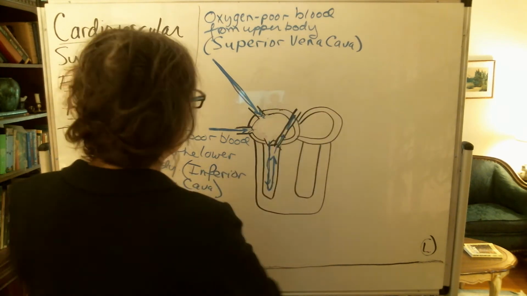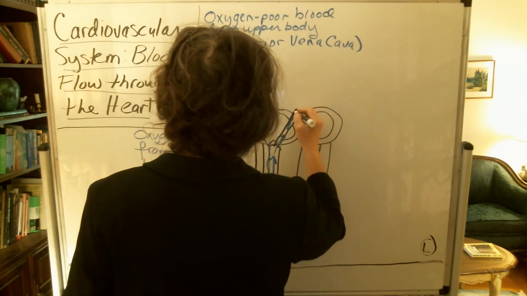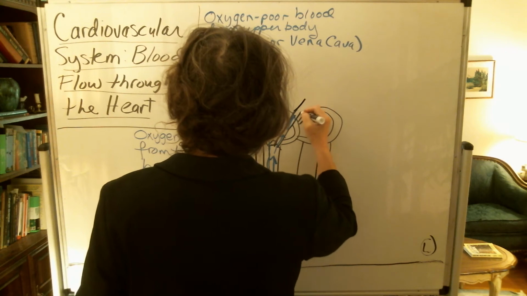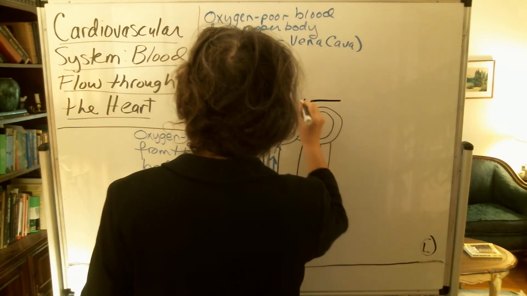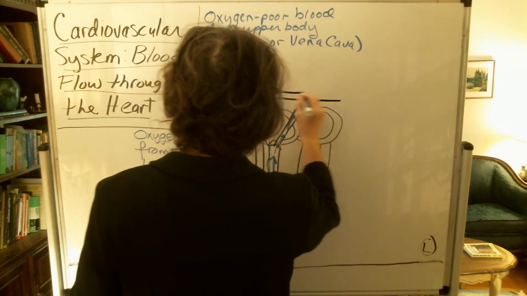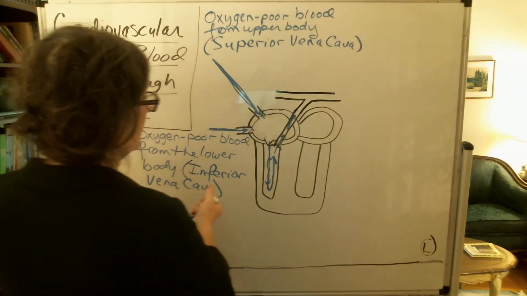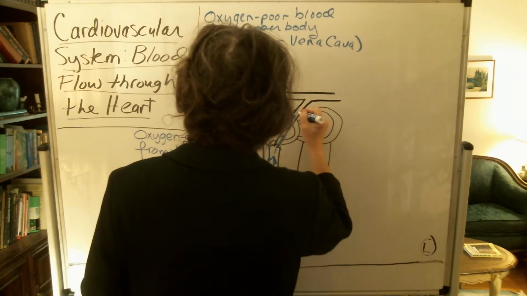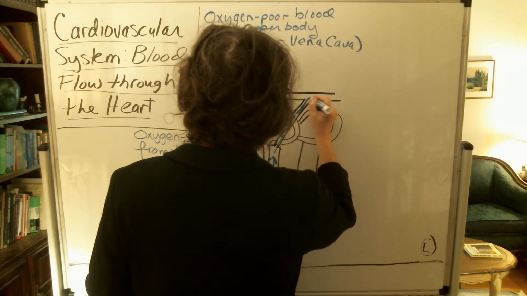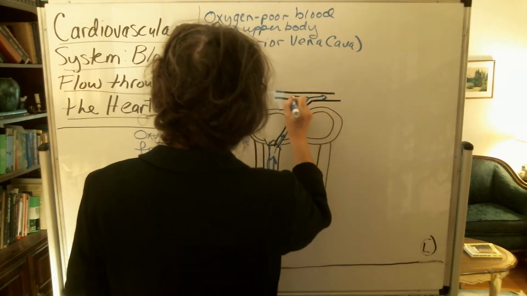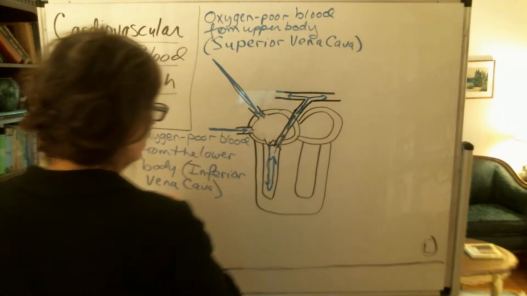Expand that a little bit. So remember, this is a diagram. This does not reflect the true size of things, but it's going to give you an idea. So we have this oxygen poor blood leaving the heart and going to the left and the right here.